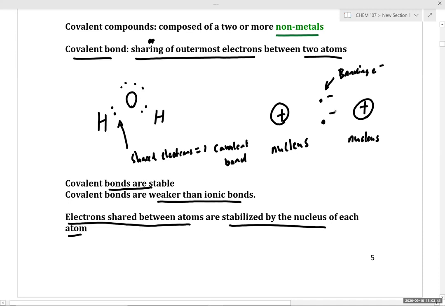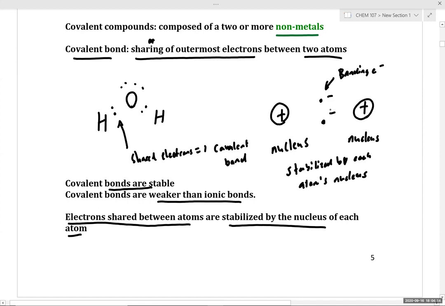These bonding electrons are stabilized by each atom's nucleus. So it's beneficial to share electrons because those electrons are able to interact with and be stabilized by both nuclei.